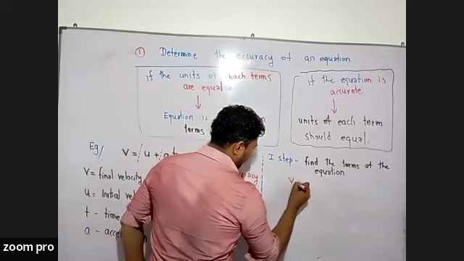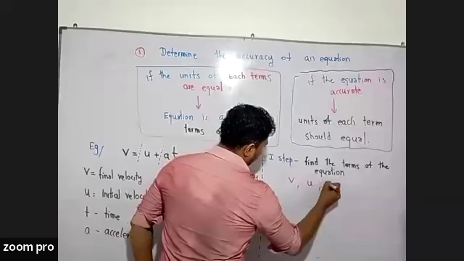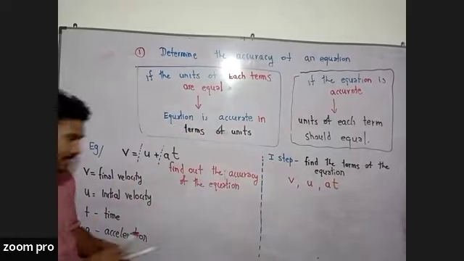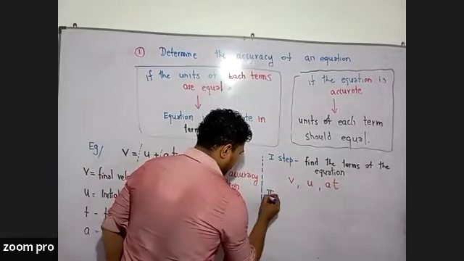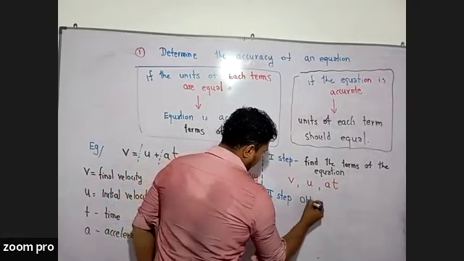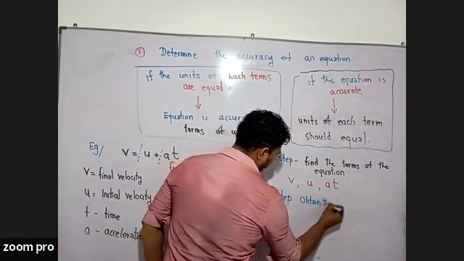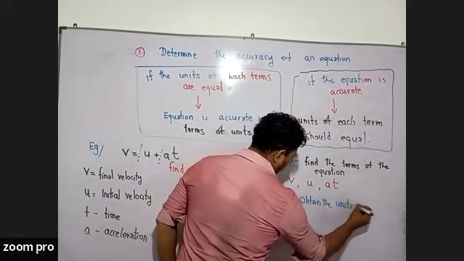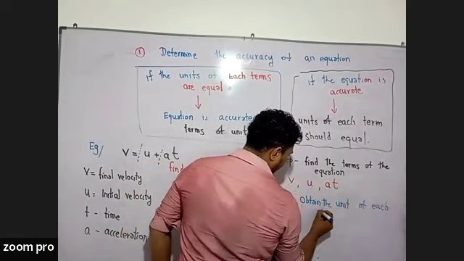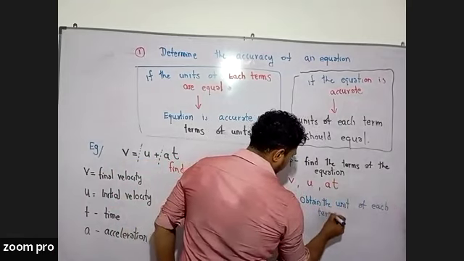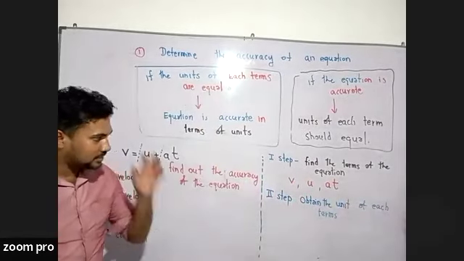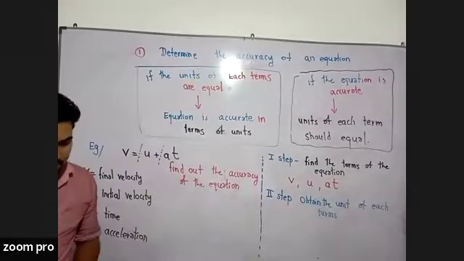The first one is V, U, and AT. Right? That's the first step. The second step is to obtain the units of each term. Now the second step is, guys, you have to find out the units of each term, right?